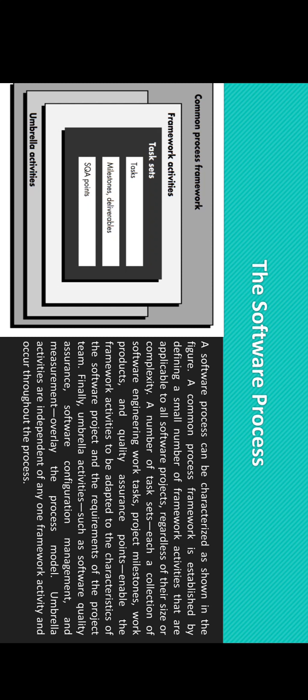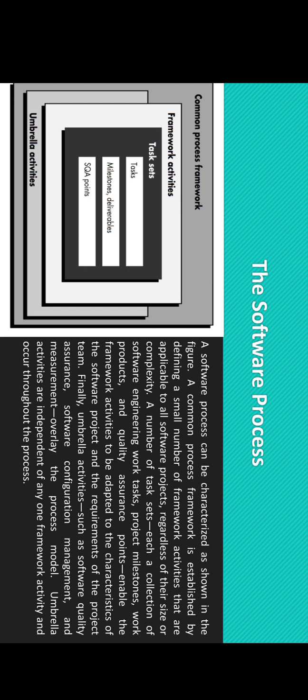SQA stands for Software Quality Assurance points. So, the number of tasks in each set is the collection of software engineering work tasks, project milestones, and the work products related to quality assurance.